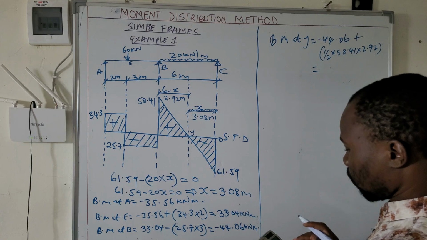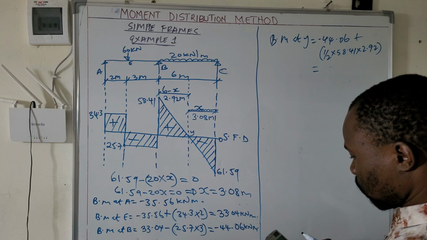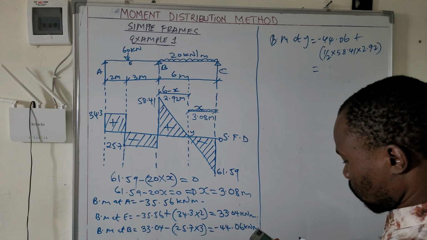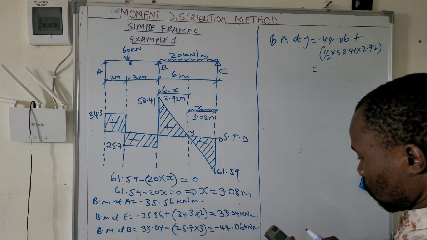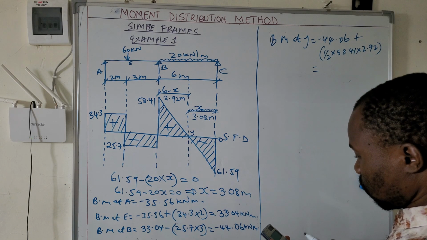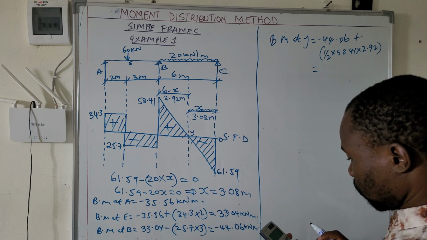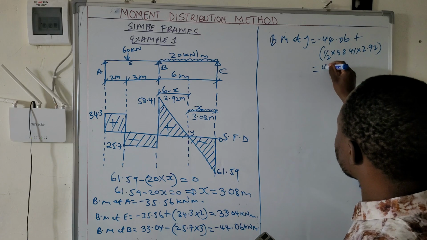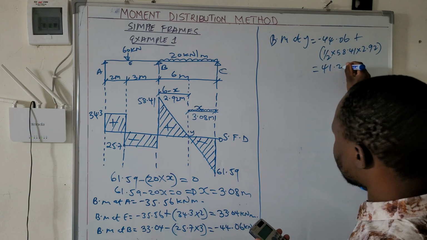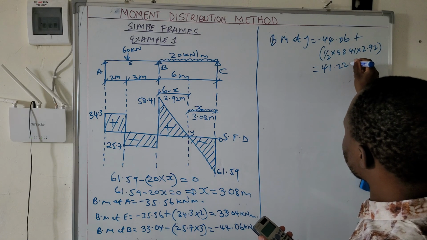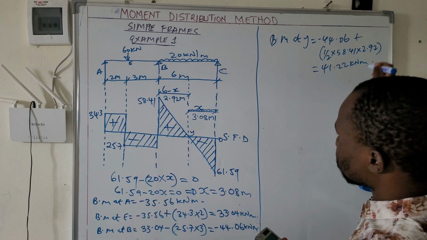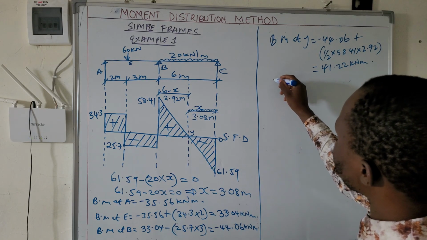So the answer will be 41.22 kilonewton meter.